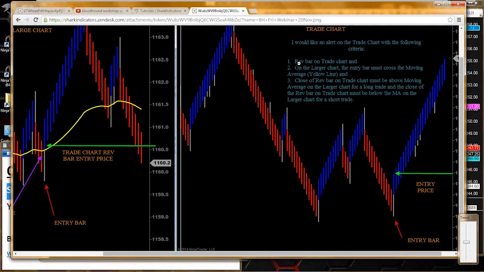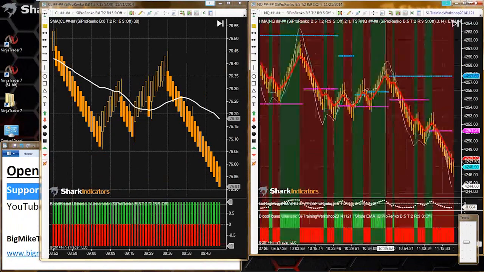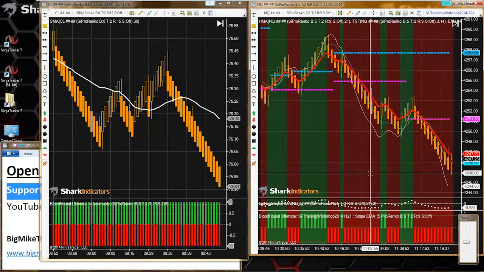All right, so item 1 is pretty darn easy. You guys should all know. We're just going to use the inflection solver to find the reversal bar on this default chart here, or the lower time frame. All right, let me get my chart back in order here.